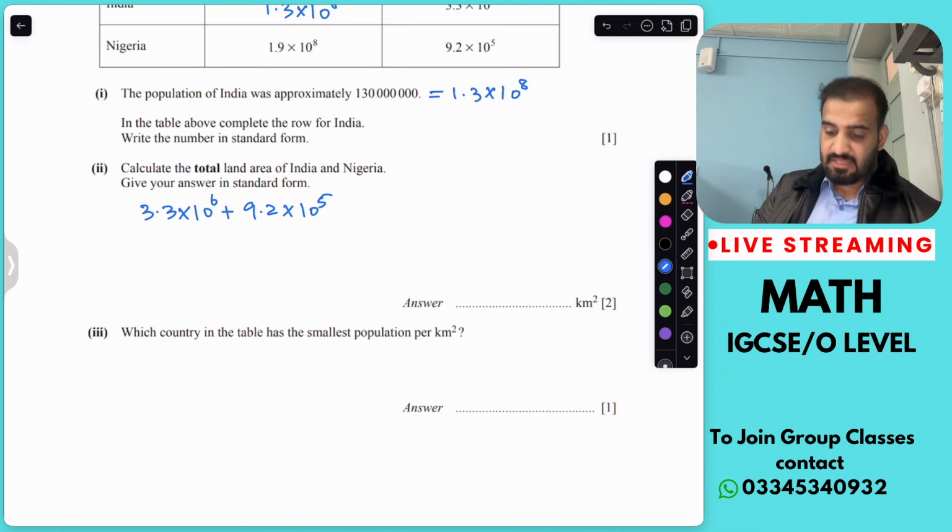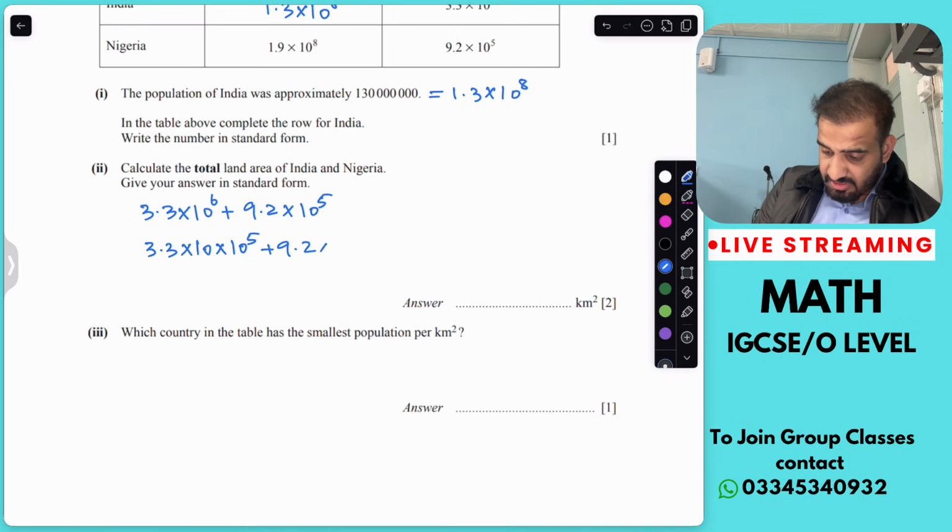Just make their power the same. So you will write 3.3 cross 10 raised to power 5 plus 9.2 cross 10 raised to power 5. So 33, and then take 10 raised to power 5 common. 33 plus 9.2. Okay, so it is 42.2. 42.2 cross 10 raised to power 5. So it becomes 40.